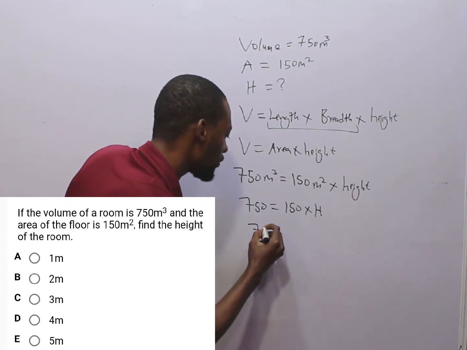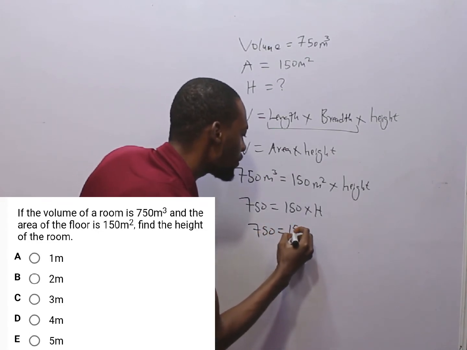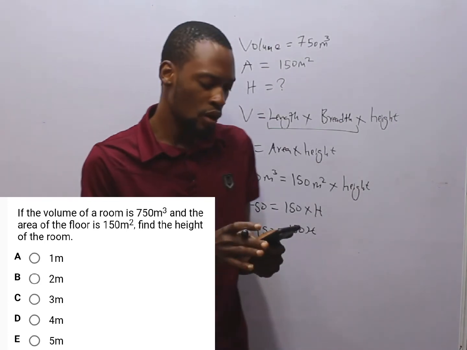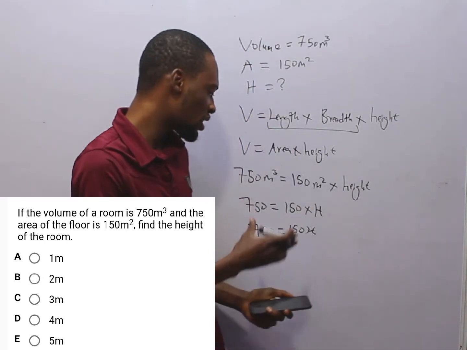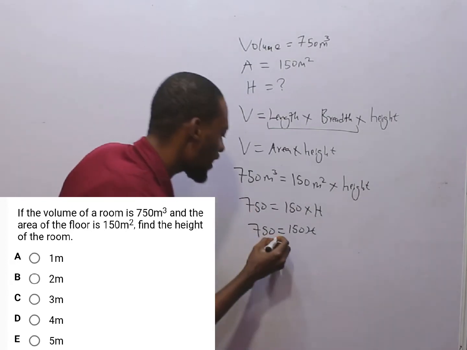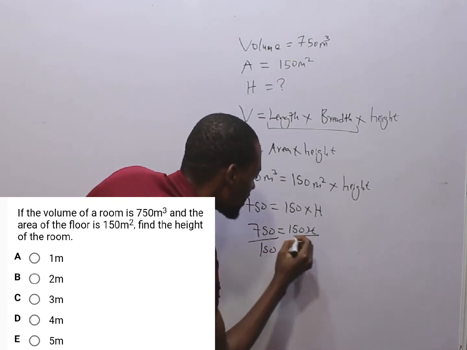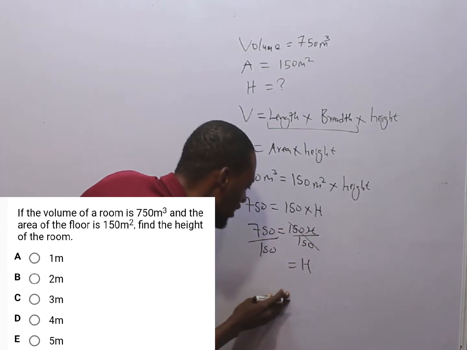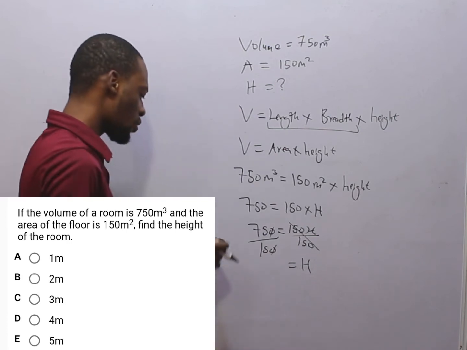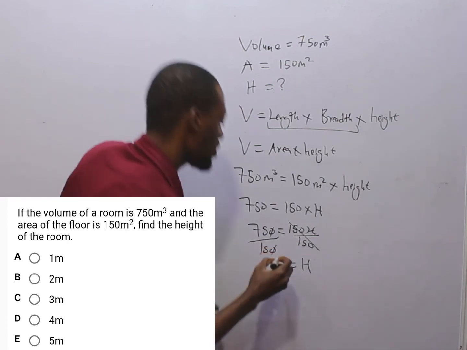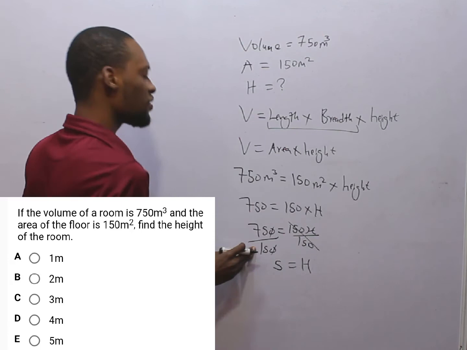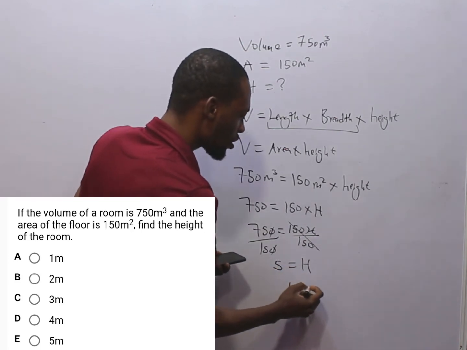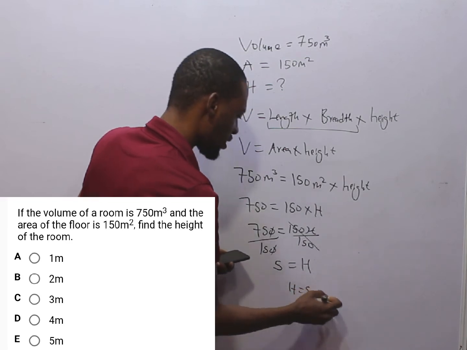So 750 is equal to 150h. How do we get h, which is the height? We divide both sides by 150. When you divide here by 150 and here by 150, this cancels this, which means we are left with the height here. Then here 0 cancels 0. 75 divided by 15 is 5, because 5 times 15 is 75. So height is equal to 5 meters.